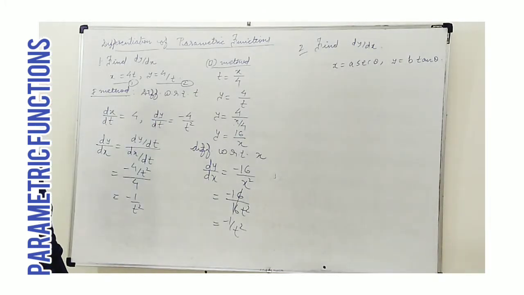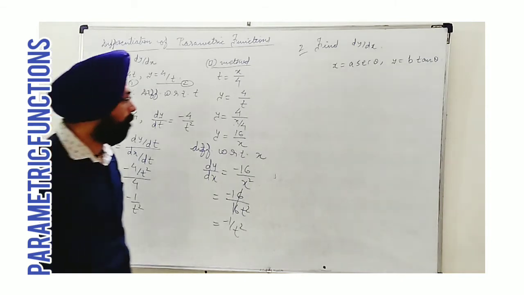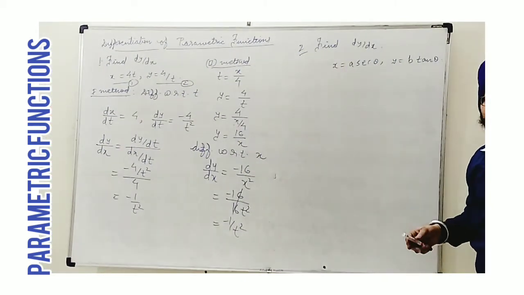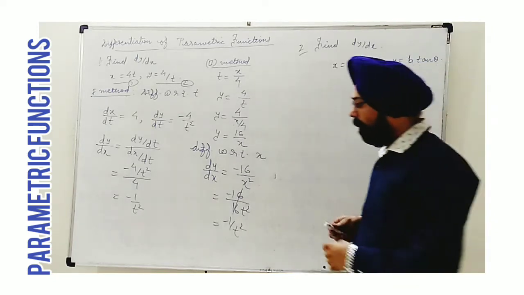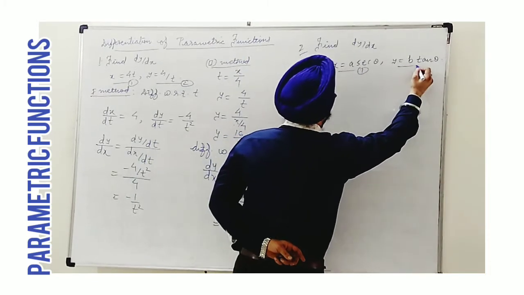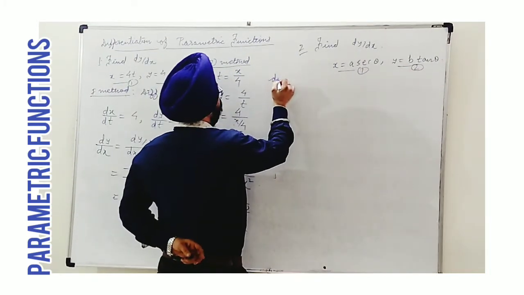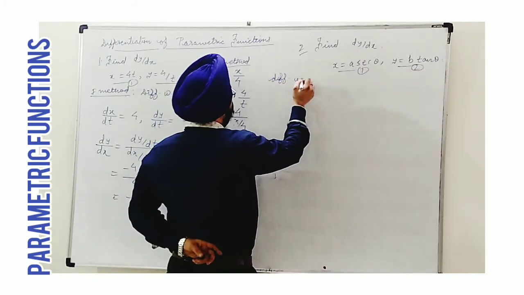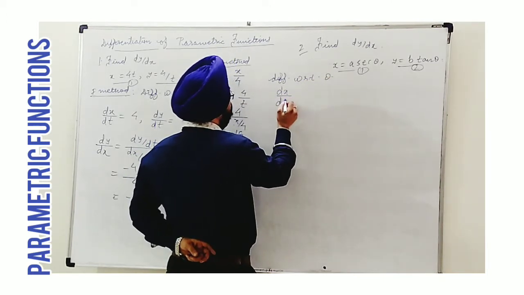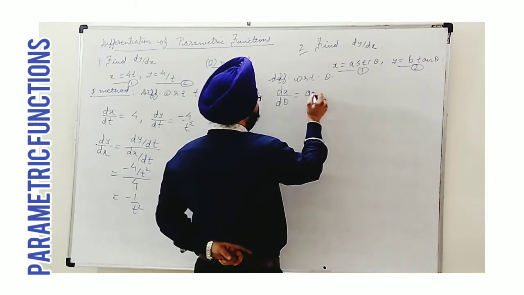Here we are given x and y in terms of the theta parameter. X equal to a sec theta, y is equal to b tan theta. So if I do this directly, obviously I need to differentiate equations 1 and 2 with respect to theta, the parameter. So I get dx upon d theta as a, as it is being constant.